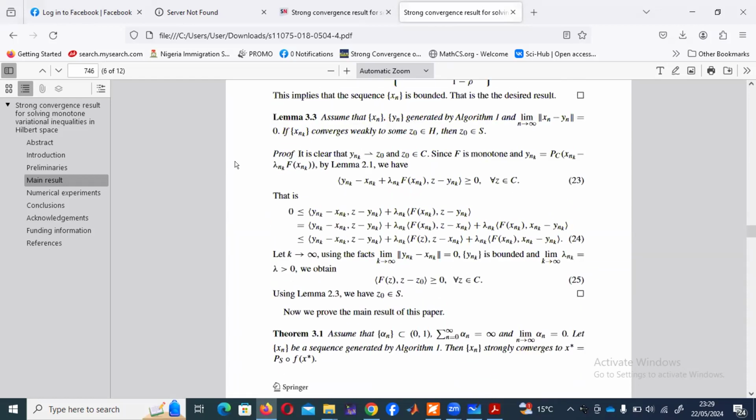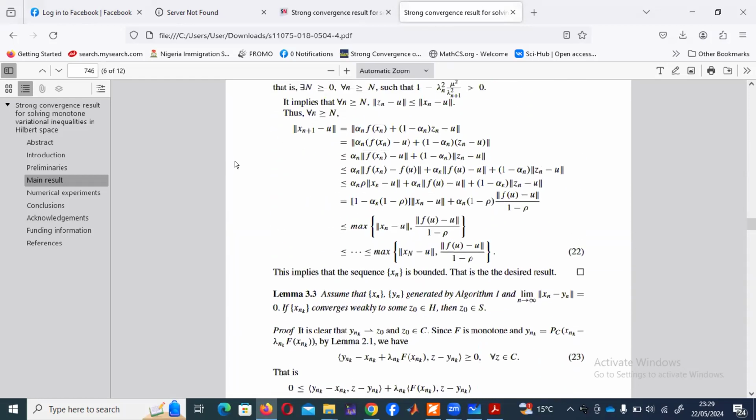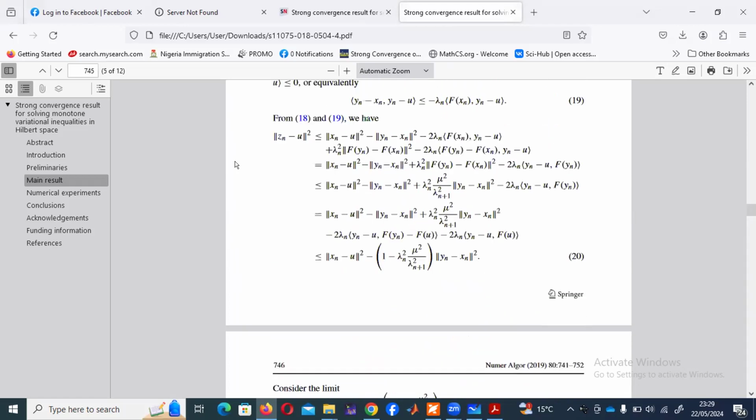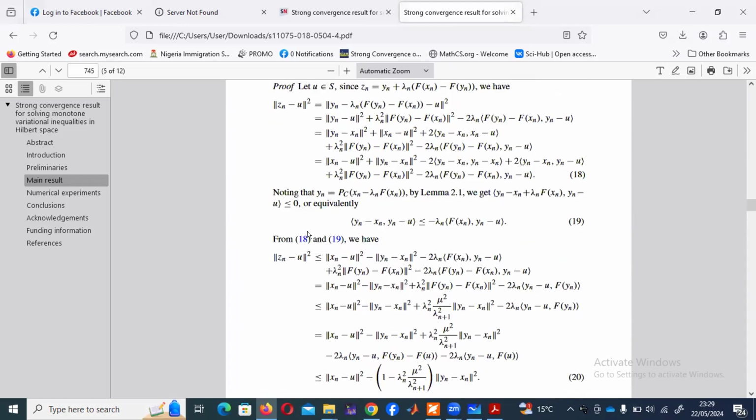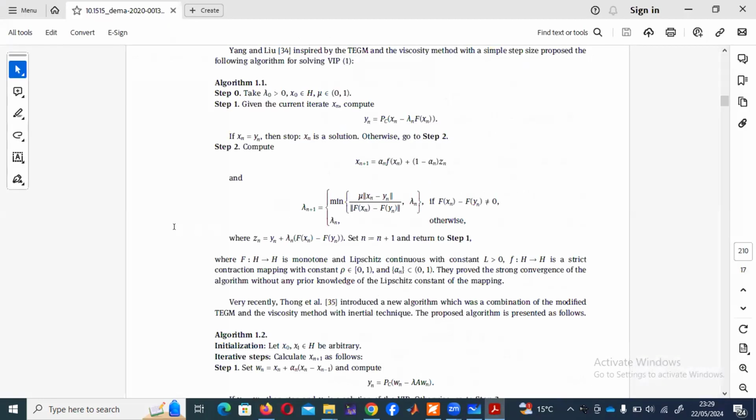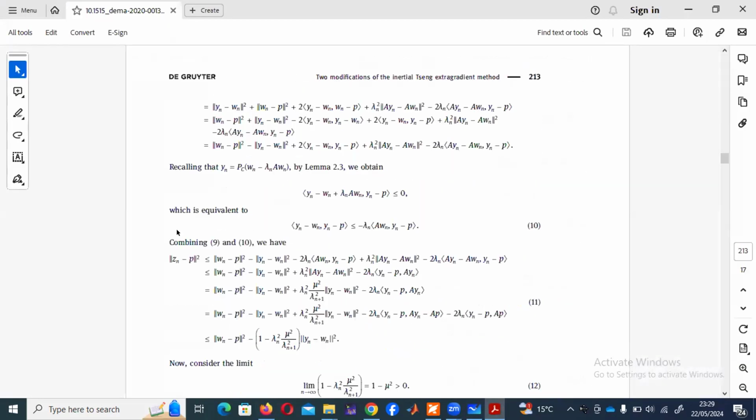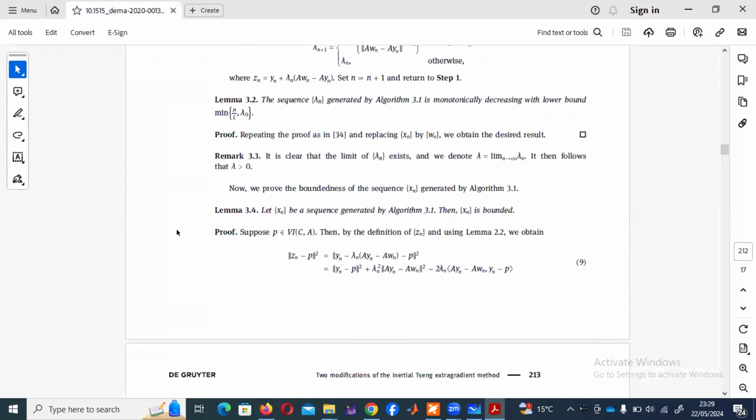Now, I said whatever has been done to that. Now let's go. So they started with this Zn minus u. Zn minus u, Yn minus this, stated as n minus u all squared. So now let's go back. So the Zn minus u squared.